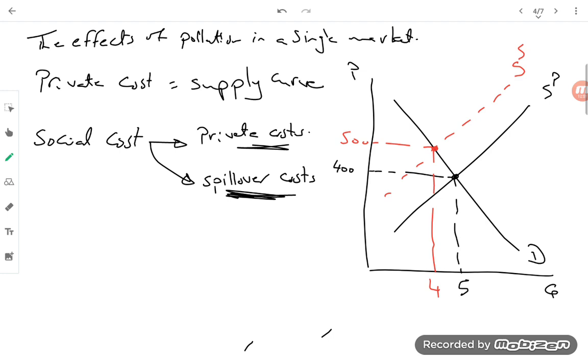So due to adding an additional cost to the original cost, supply is going to decrease, and the equilibrium quantity is going to decrease from 5 to 4, and the equilibrium price is going to increase from 400 to 500, which means that there is over allocation of resources.